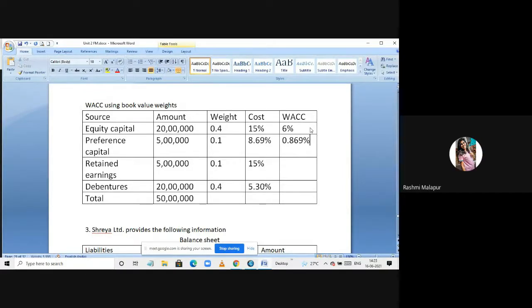Then 0.1 into 15, 1.5. And last, 0.4 into 5.30, 2.12%. We add all these and we'll get the WACC. It is 10.48. Just check once.